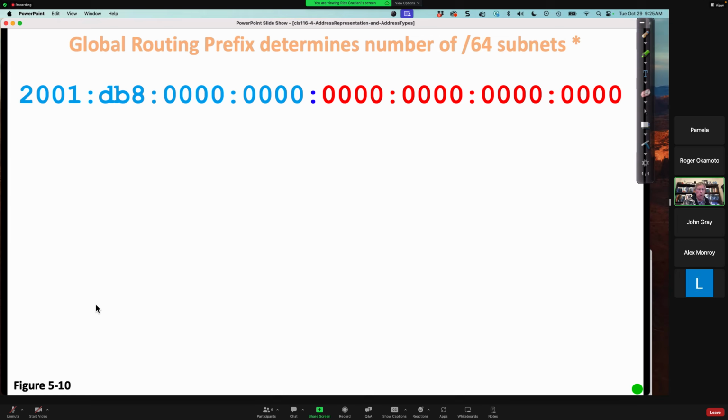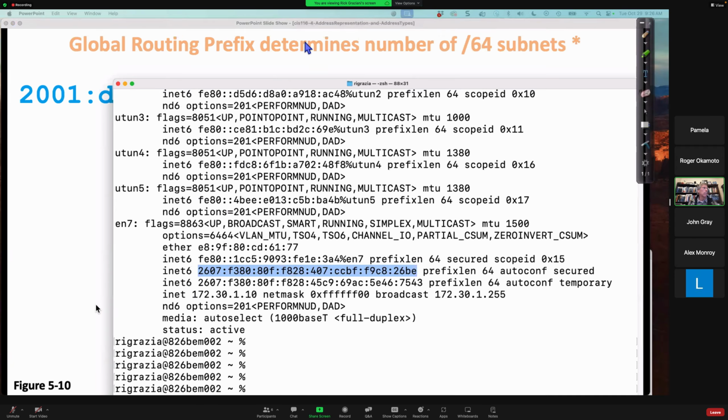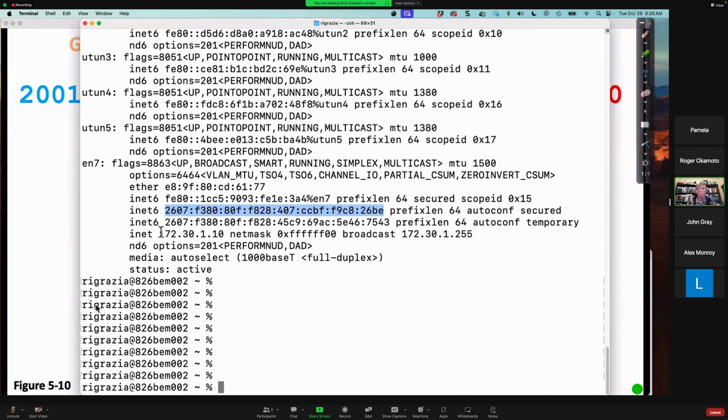We're going to actually talk about global unicast addressing. What is the global unicast address, Rick? Okay, the global unicast address, and that actually gets us to where we're leading into right now. You notice I have these addresses here, and actually got more than one. We'll talk about that as well.